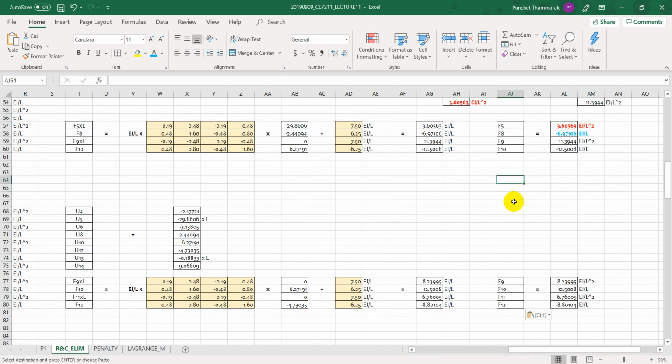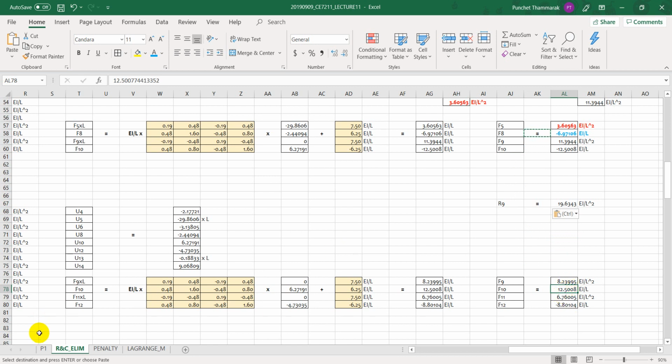So R9 is equal to F9 plus F9, and there it is. Okay, match, perfect. The 10 and the 10, you can see they are identical in magnitude.